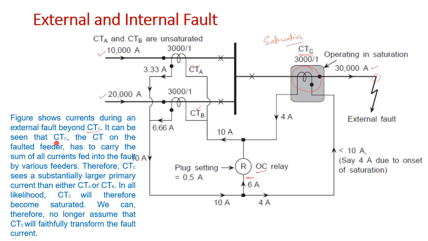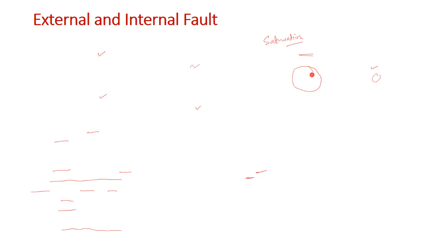It can be seen that CTC, the CT on the faulted feeder, has to carry the sum of the currents fed into the fault by various feeders. Therefore CTC sees a substantially larger primary current than either CTA or CTB. In all likelihood CTC will become saturated, right, because it is carrying the largest primary current. So we can no longer assume that CTC will faithfully transform the fault current. So we assume here that CTC becomes saturated. We will see in the next slides how it becomes saturated.